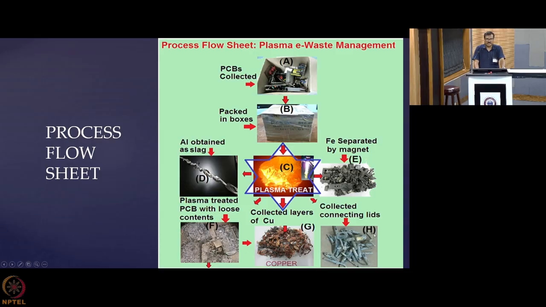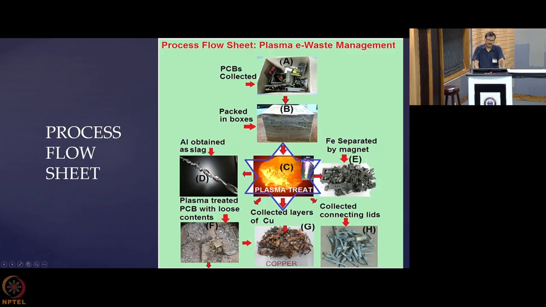Then these are the connecting leads where I was saying that you may have precious material. After the treatment by the plasma, you get this kind of thing, and here you can apply a magnet to extract the iron components. They will be attracted and collected like this.